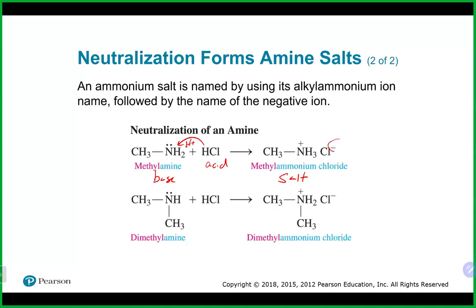The salt is just a fancy word for an ionic compound basically. So we've got a negative charge and a positive charge, but we're basically just sending the H plus over there. Here, same deal is going to happen. We're going to send our H plus over, and we're going to add our hydrogen, much like we talked about when we did Bronsted-Lowry reactions.